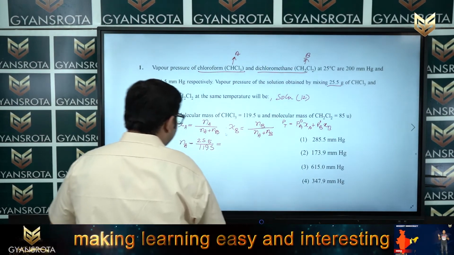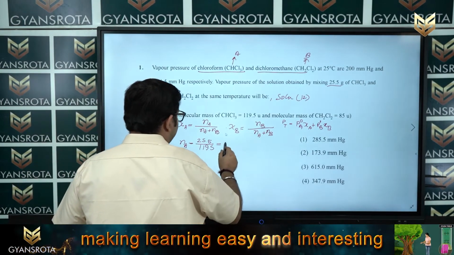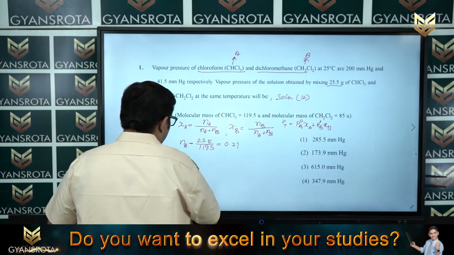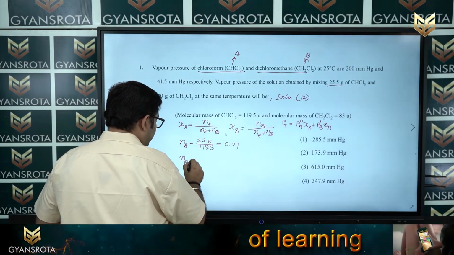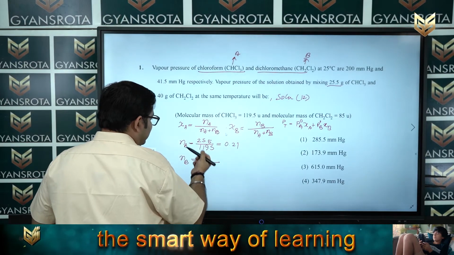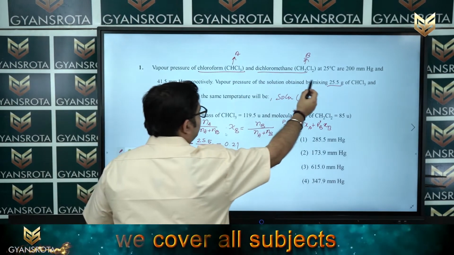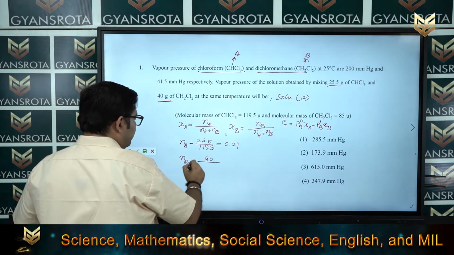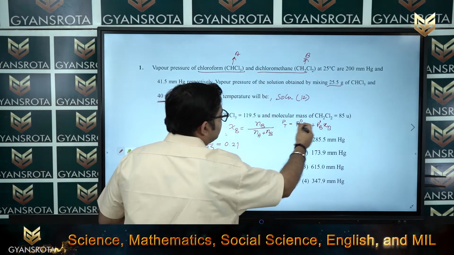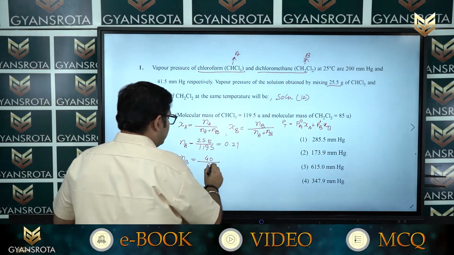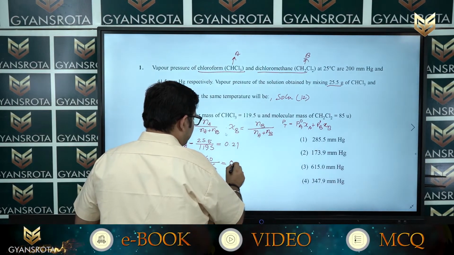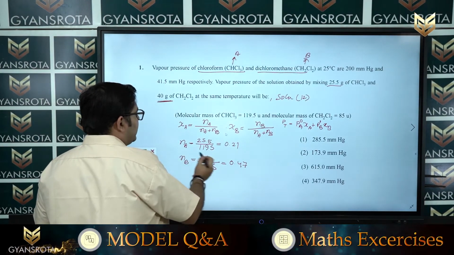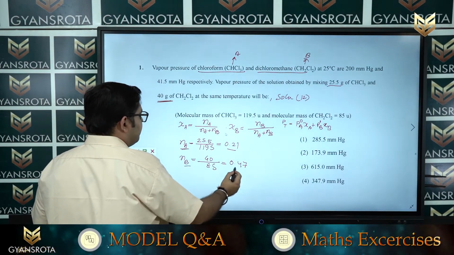If you solve this, it will end up with 0.21. Now, for the moles of B, the weight given for dichloromethane is 40 gram, divided by the molecular weight, that is 85. This ends up with 0.47. So, these two are the moles of A and moles of B.